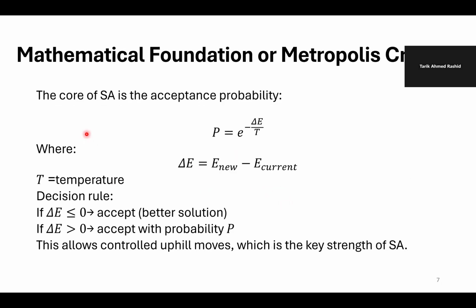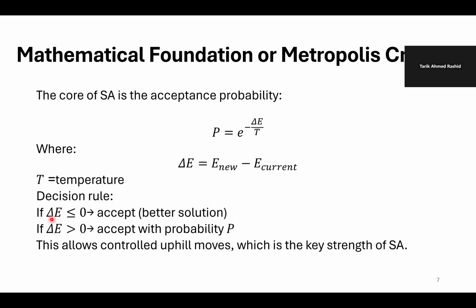So the core of simulated annealing is the acceptance probability. Probability P equals e to the power of minus delta E over T, where delta E equals the new state's energy minus the current energy. And there is a decision rule.